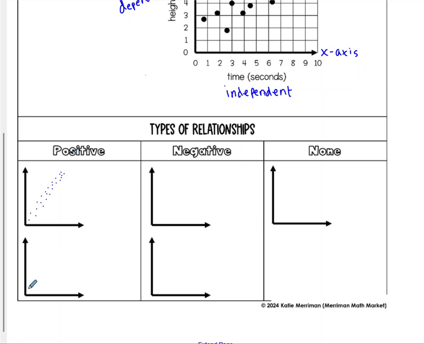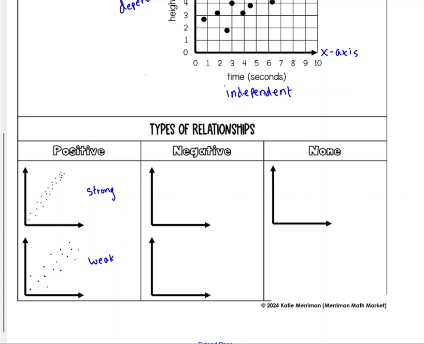You could also have a positive relationship where the points go up, but not close together. They're more spread apart like this. This is called a strong positive relationship, and this one is a weak positive relationship. This one's weak because they're not as close together as this data.